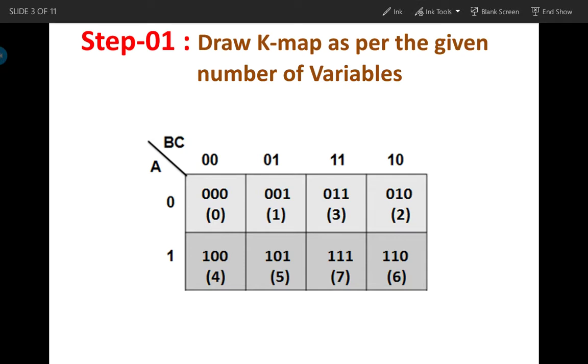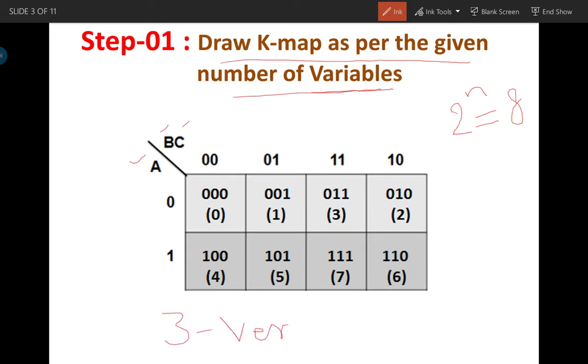The first step, as we have seen, is to draw the K-map. To draw the K-map, we should know the number of variables given, right? The number of variables given is 3: A, B, C. So 2 raised to power n means 2 raised to power 3, so we require 8 cells to draw the 3 variable K-map.